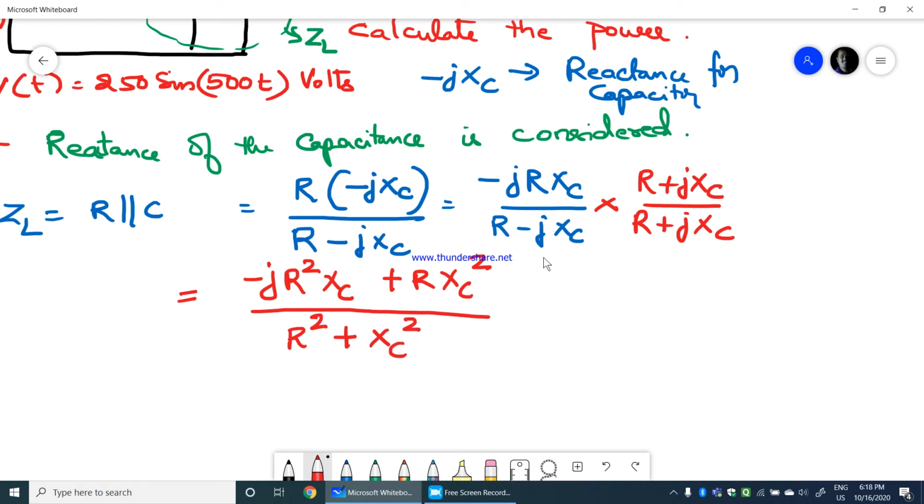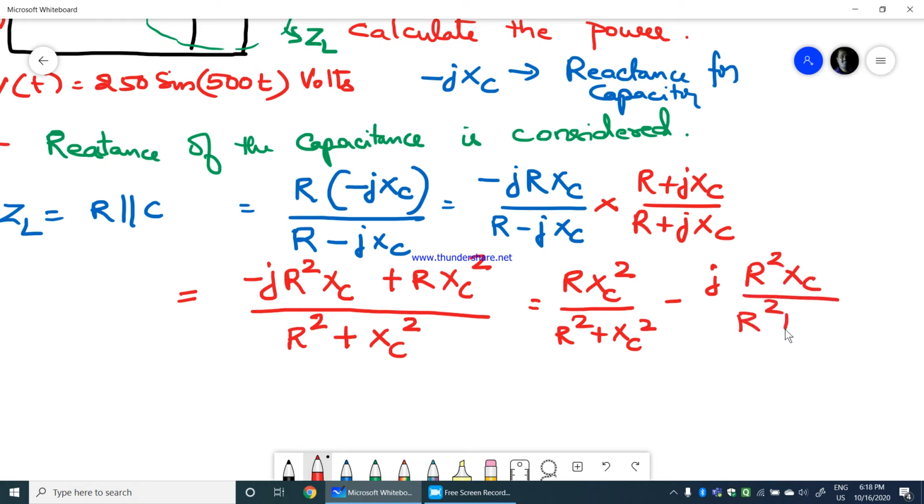So this would be equal to, I will separate the imaginary and real terms: XC square by R square plus XC square, minus J into R square XC divided by R square plus XC square. I am just separating these two terms; if you take the LCM for these two, you will come back with this term only.